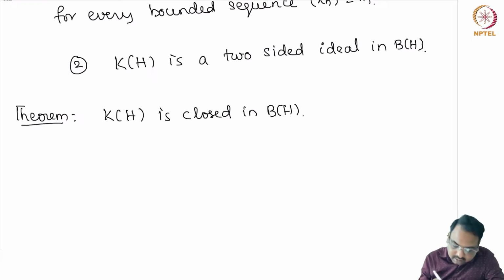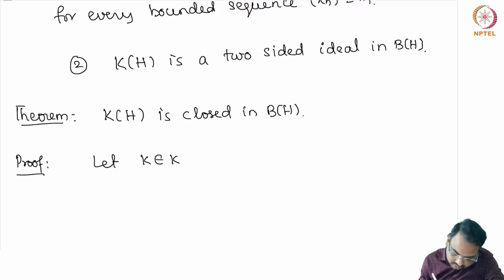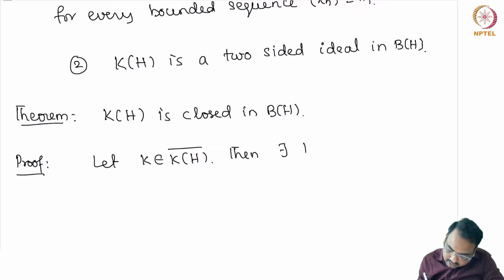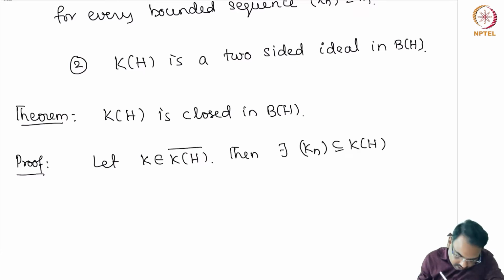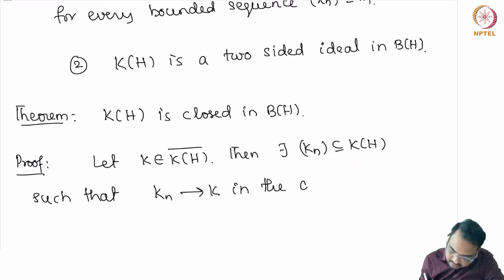Okay, so let us look at the proof. Let K be in the closure of compact operators. Then there exists a sequence Kn in K of H such that Kn converges to K in the operator norm.